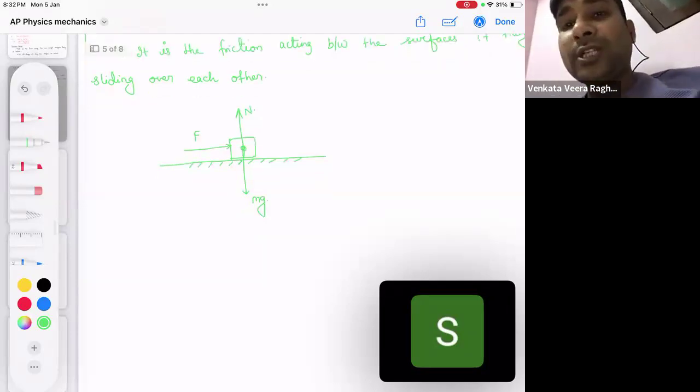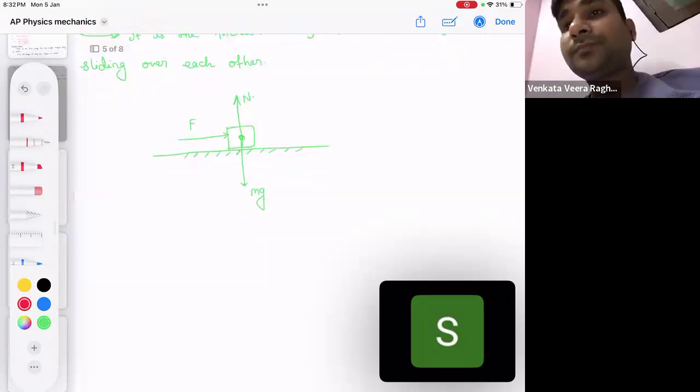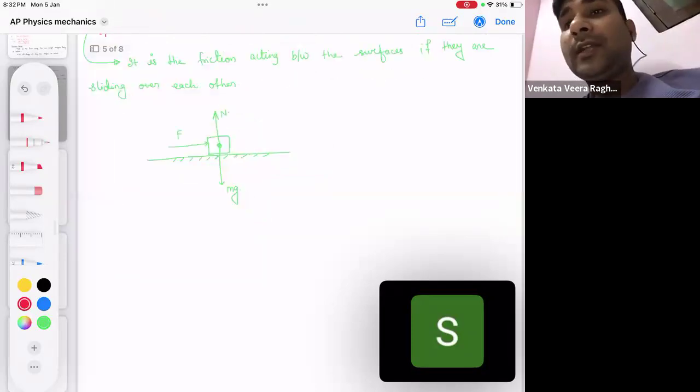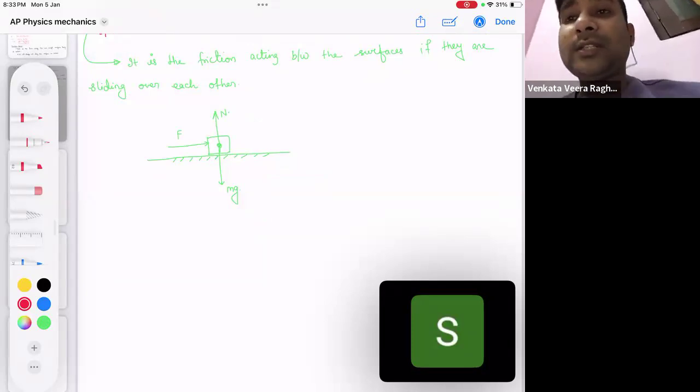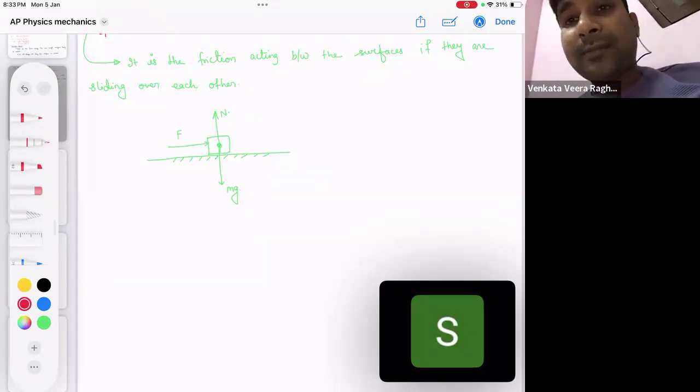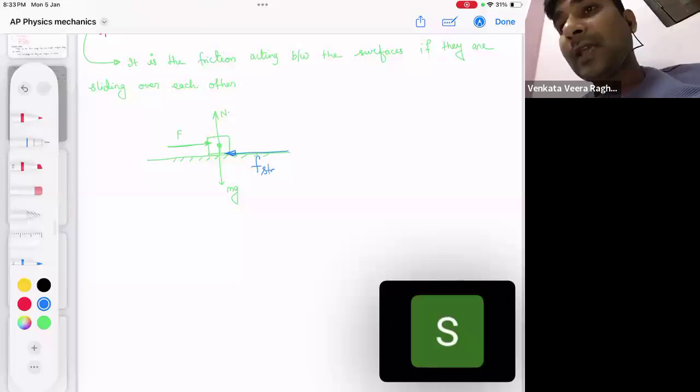Okay, so friction we will have, the static friction value. What is the static friction value? I applied force like this, so the static friction will try to act along the surface. Let's say it is Fs. Fs is for what?